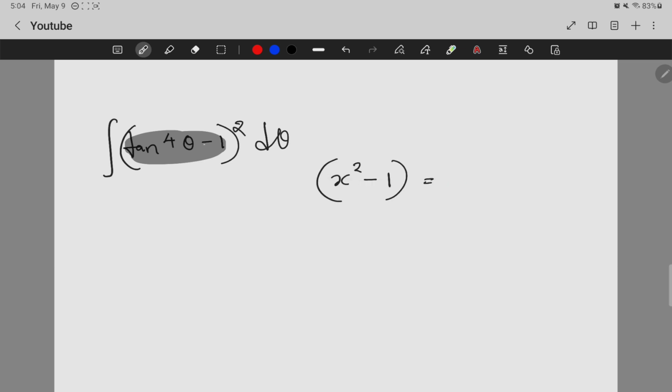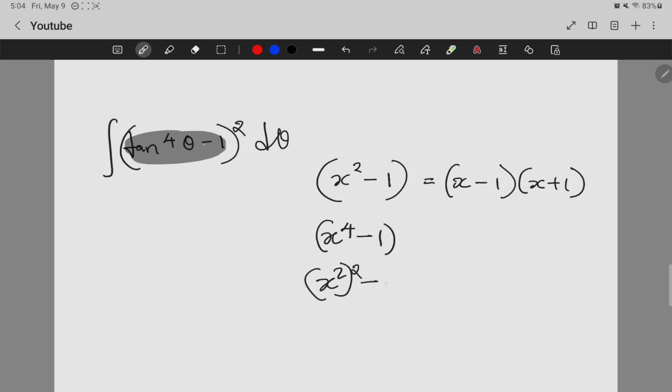If you had this, the difference of two squares would be x minus 1 and then x plus 1. In the same way, if you have x to the power 4 minus 1, you can view this as x squared squared minus 1 squared. So this can now be seen as x squared minus 1 multiplying x squared plus 1, as a difference of two squares.